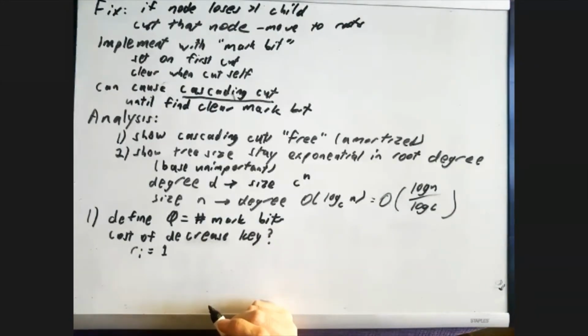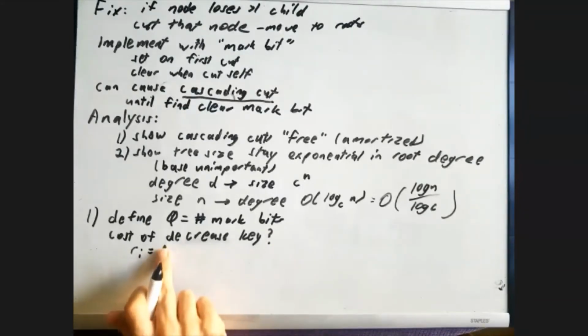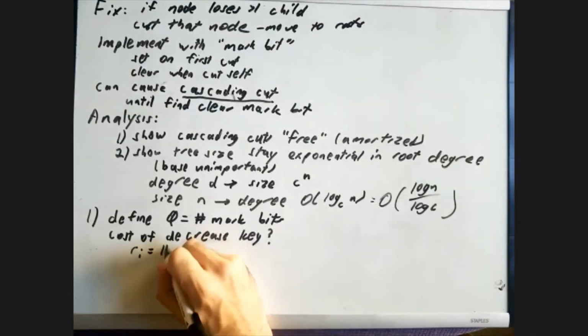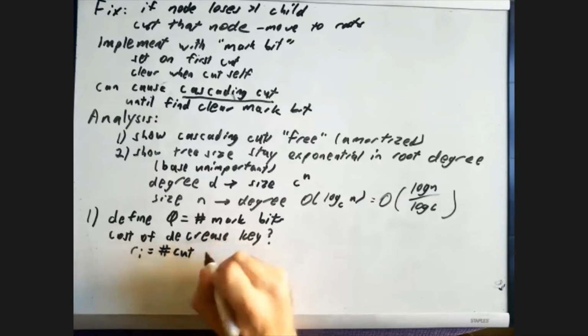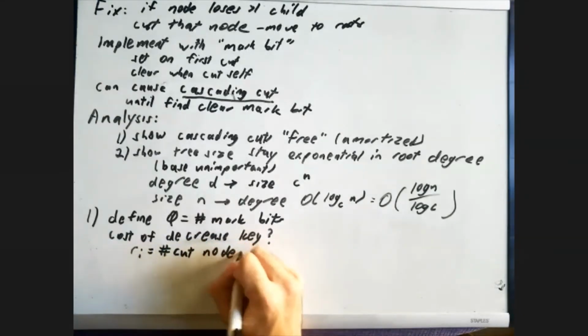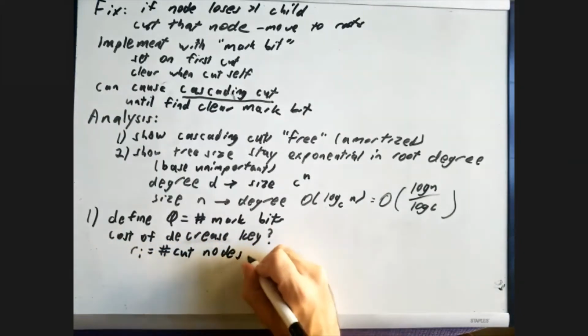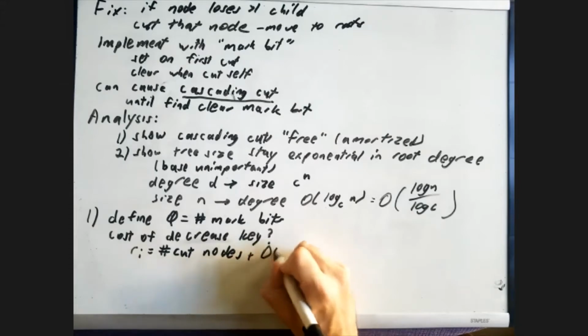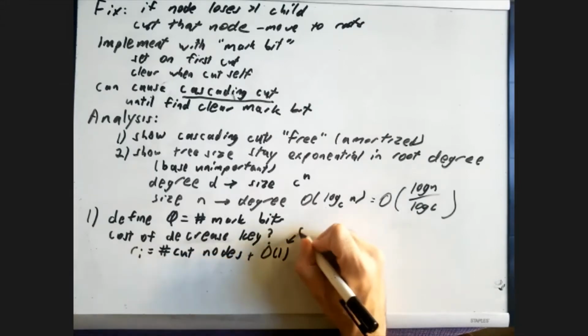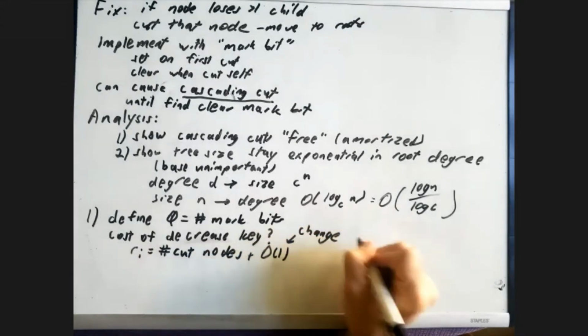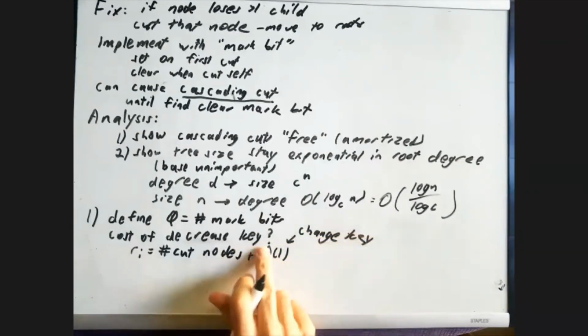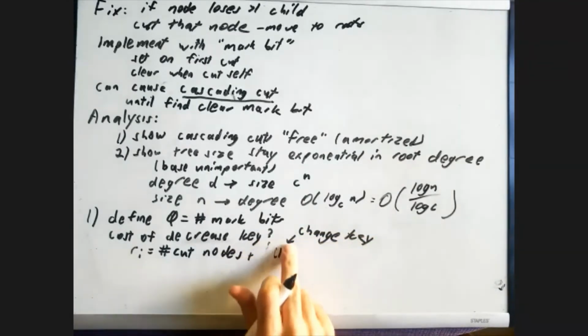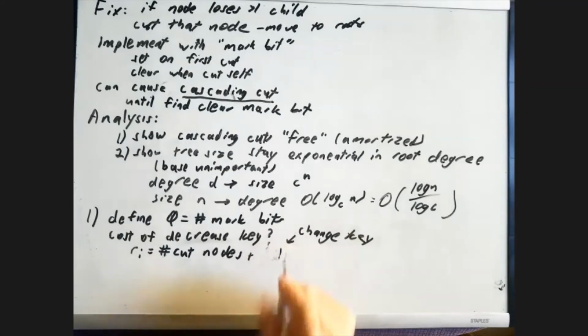I need to cut off the nodes, but then I also, well, no, I guess that's actually fair. Let's just say it's the number of cut nodes. Oh, I guess plus the housekeeping, where I have to change the value of the key. Sorry, let's just call that 1. Okay.